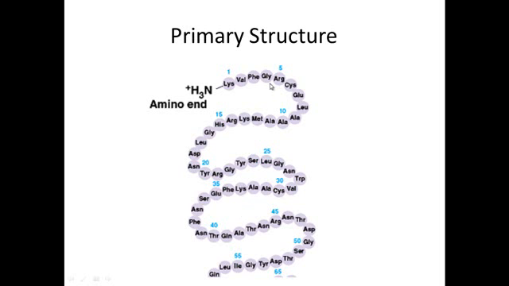As you can see, if you actually count it, there are 20 of them. Each one is held together by a peptide bond caused from a condensation reaction. Okay, so that's your primary structure. Peptide bonds hold them together.